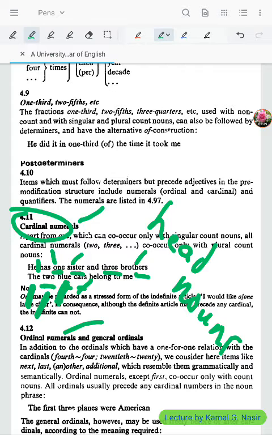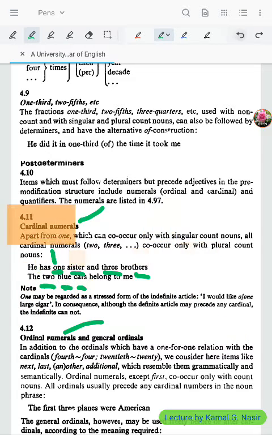You see, where is the place of the post determiner? After the determiner. The 2. Okay? Why do we call them post determiners? Because they follow the determiner. So the determiner here is what? The. Okay? And cars is the head noun.